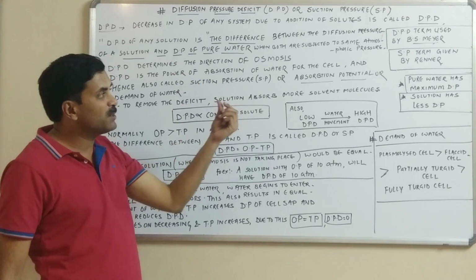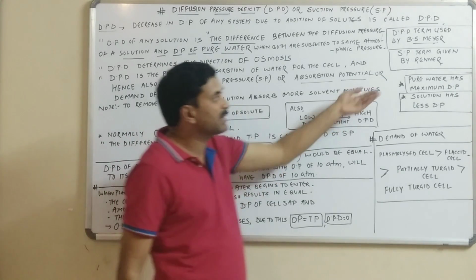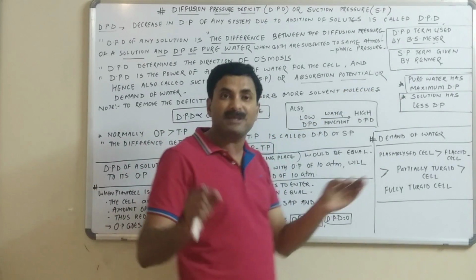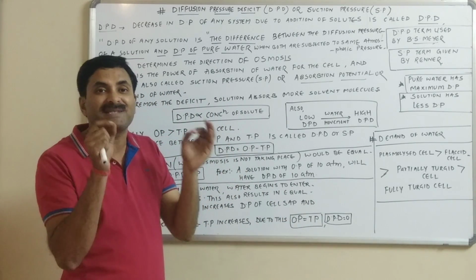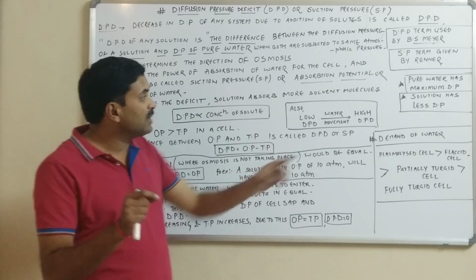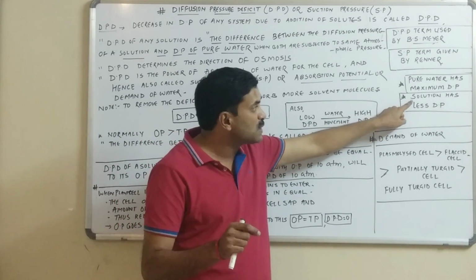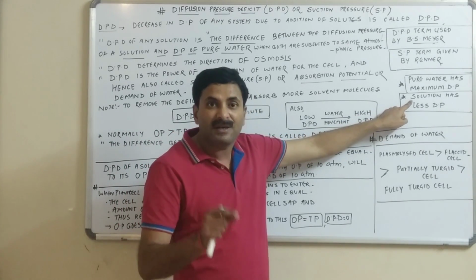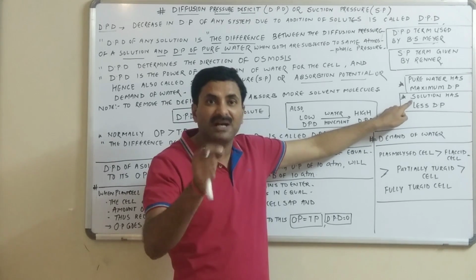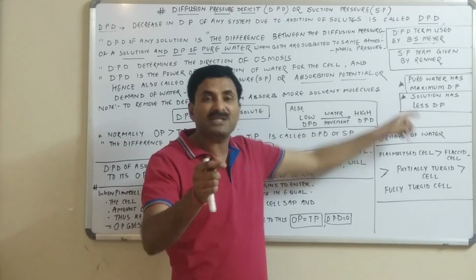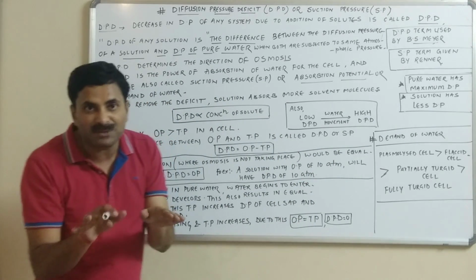In my previous videos, you have studied about the diffusion pressure. Always remember, the diffusion pressure of pure water is highest and the diffusion pressure of the solution is least. It means when we add solute to the solvent, its diffusion pressure is reduced.